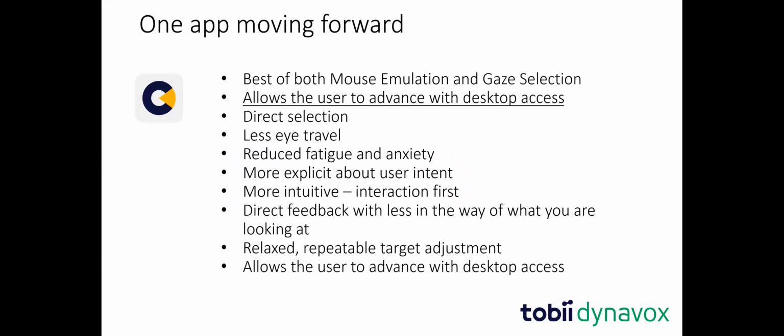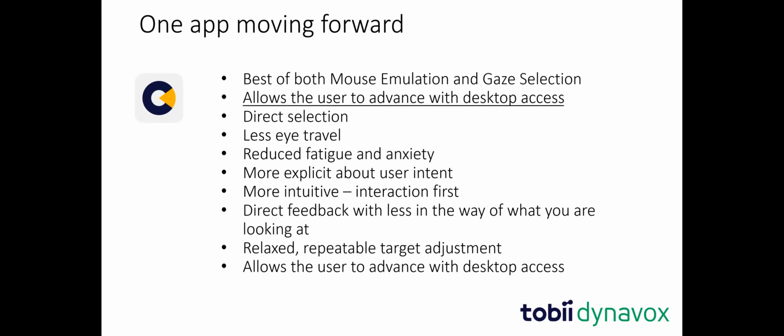So with this added to this list, you can also see here that we allow the user to advance within desktop access. They can start with a simplified mode. They can explore eye gaze and start learning it. And if and when they feel like they want to move on, they can move on to Computer Control like it is and get more advanced with the desktop access.